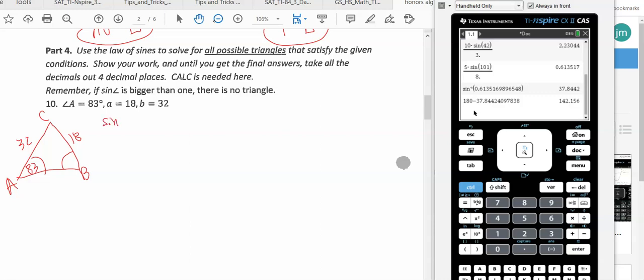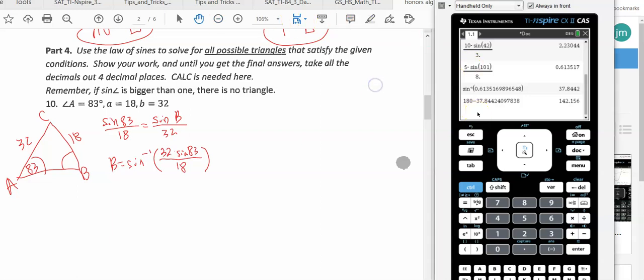So sine of 83 over 18 equals sine of B over 32. We're going to solve that for B. So B equals the inverse sine of a big fraction. So it'd be 32 times sine of 83 all over 18.